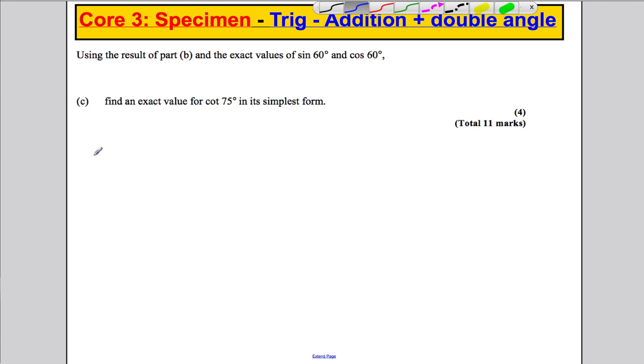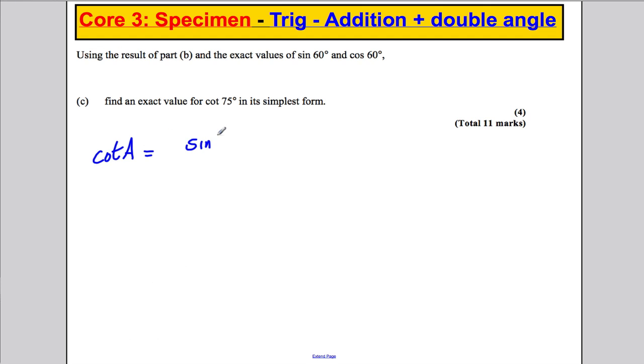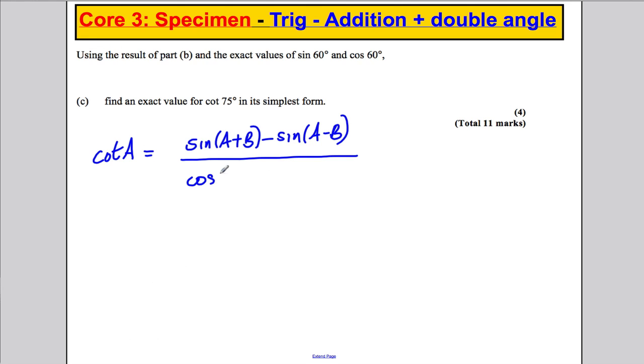Well, we know from part B that cot A is equal to (sin(A + B) − sin(A − B)) all divided by (cos(A − B) − cos(A + B)). Okay, that's all we got from the previous part.